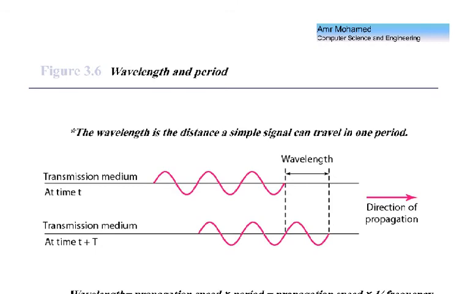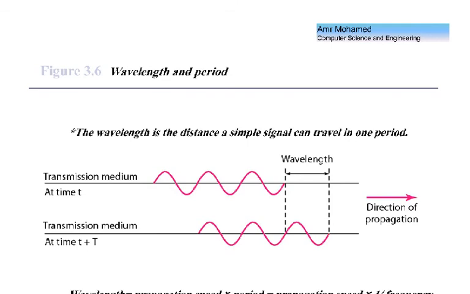That's what wavelength is. So if a signal has a cycle duration of capital T, let's say capital T is 10 seconds, this means that wavelength is how much distance the signal will travel within 10 seconds. That's what wavelength means. Okay?